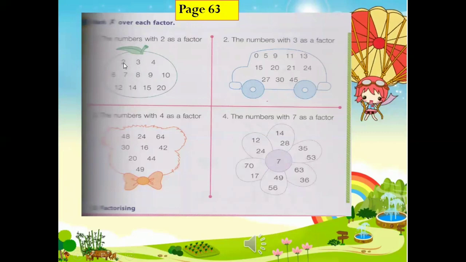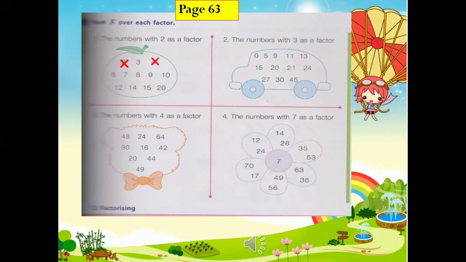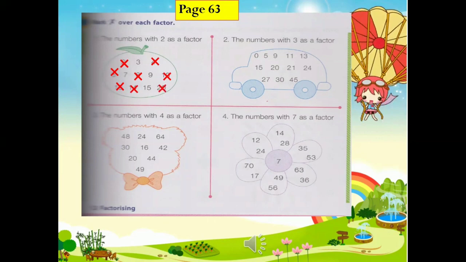For example, this one, 2. It has a factor of 2. What else? 4. It has a factor of 2. 6, 8, 10, 12, 14, 20. Can you please answer number 2, number 3, and number 4?